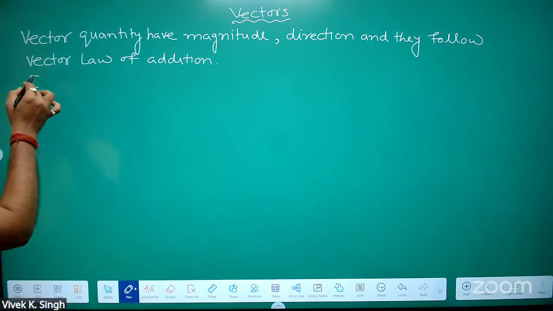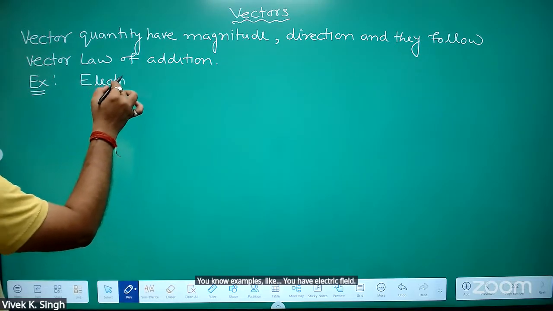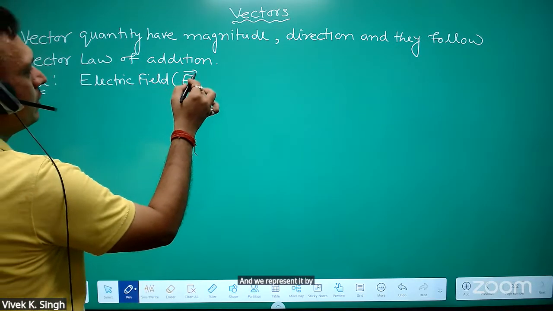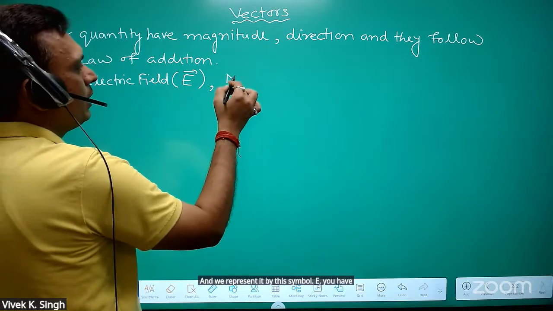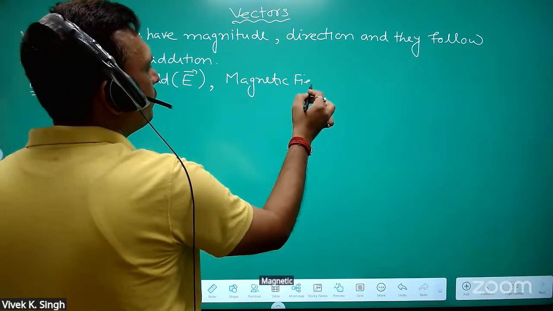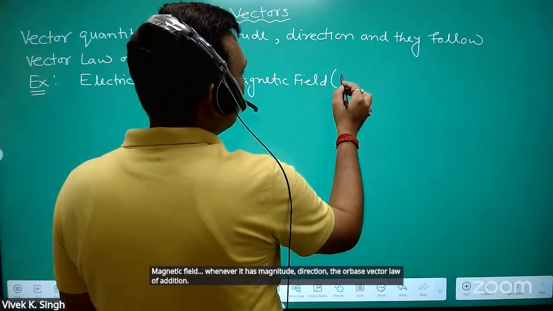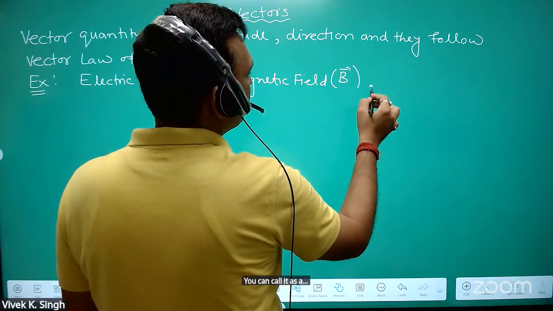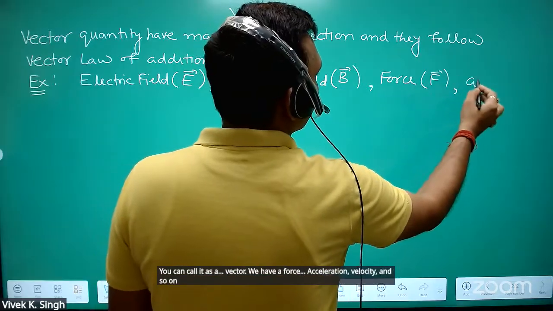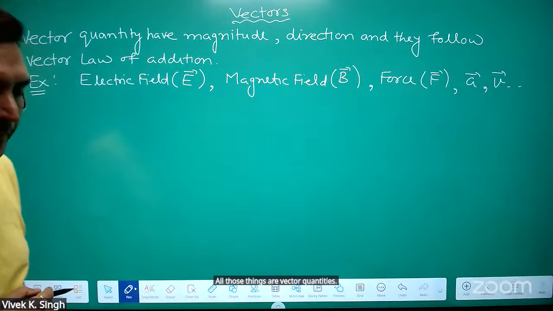You know examples like the electric field, which we represent by the symbol E. You have the magnetic field. Whenever a quantity has magnitude and direction and obeys the vector law of addition, you can call it a vector. We have force, acceleration, velocity, and so on. All those things are vector quantities. Is it clear?